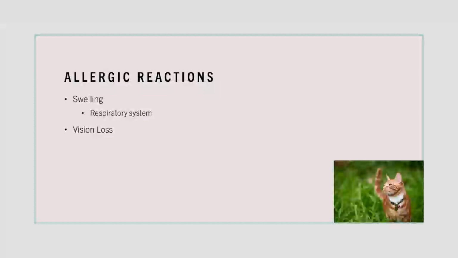If this occurs in the throat, it may lead to respiratory obstruction, but this is rare. This effect can also cause vision loss. This toxicity can affect many species, but cats are noted to be particularly sensitive.